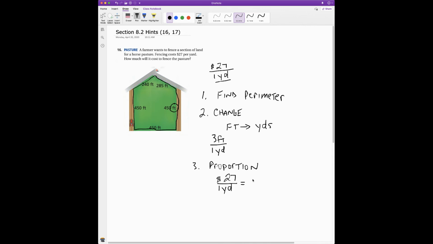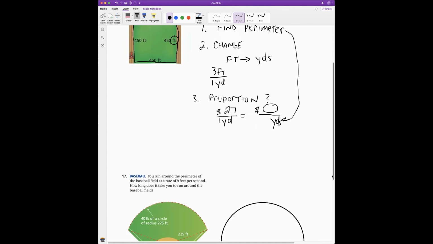And that has to equal something. Something's going to go in here. This is what you have to figure out. And what goes down here is the perimeter. Only the units will be yards. Okay, so there's your hint for that problem, and hopefully that'll help you to figure that one out.